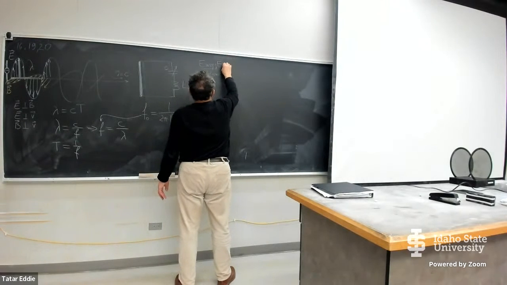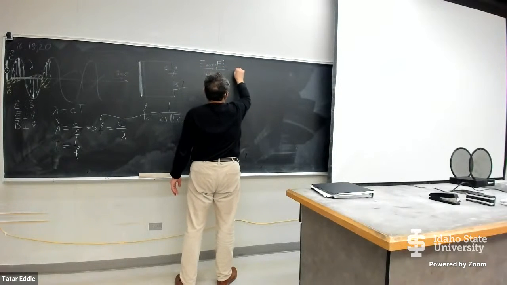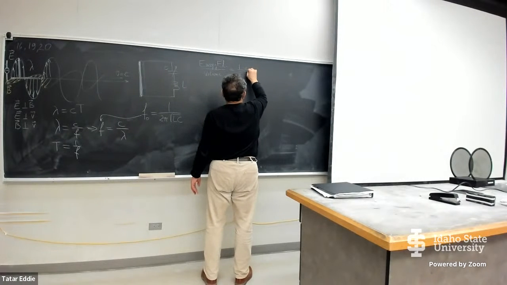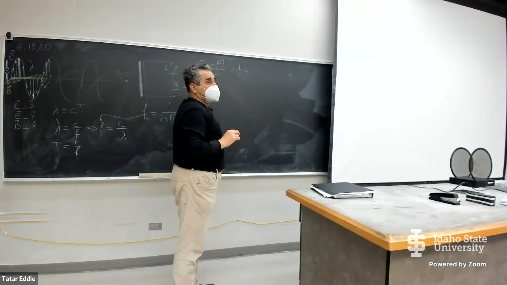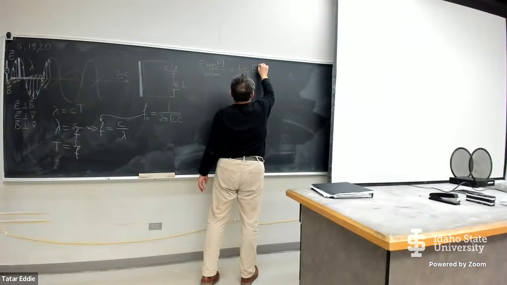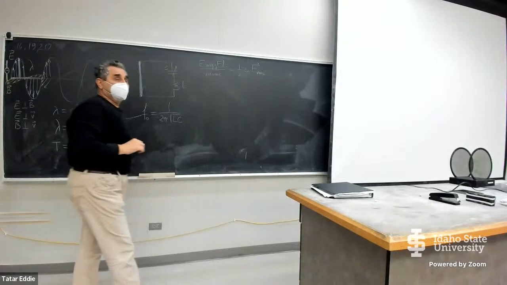Well, energy, electric, per unit volume is given with 1/2 electric permittivity of vacuum multiplied by the value of the electric field squared, and by value we mean RMS value of the electric field.